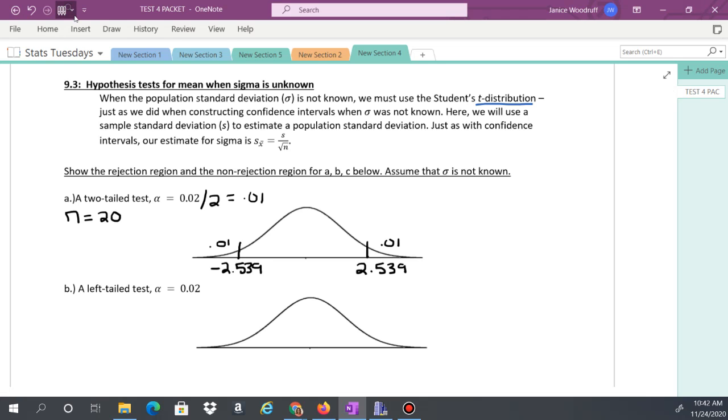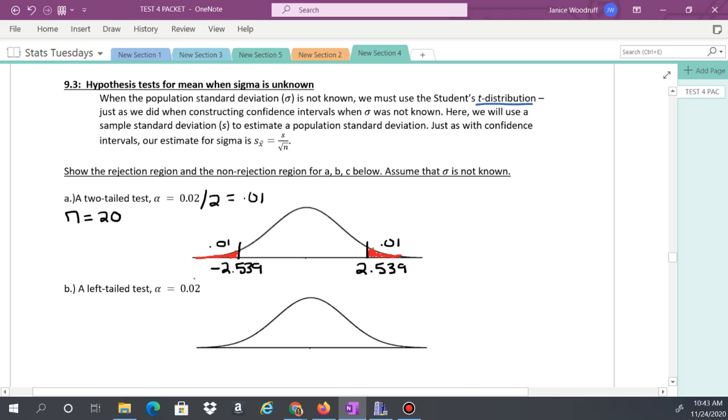Okay, and then I'm going to draw my rejection region on either side of the tail in red. So if I go through this and I get a critical value with the rest of our information that falls within either one of these rejection regions, then I would reject.